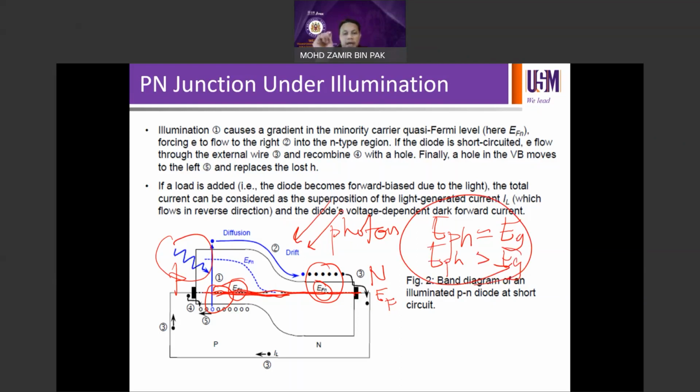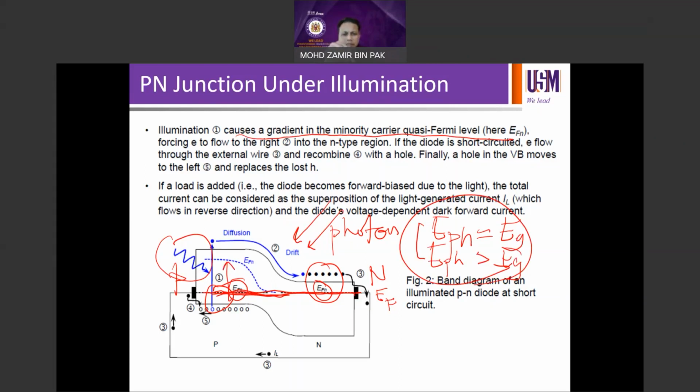So this act of illuminating your junction with photons of this energy spectrum will cause a gradient in the minority carrier quasi-Fermi level here, EF, right?